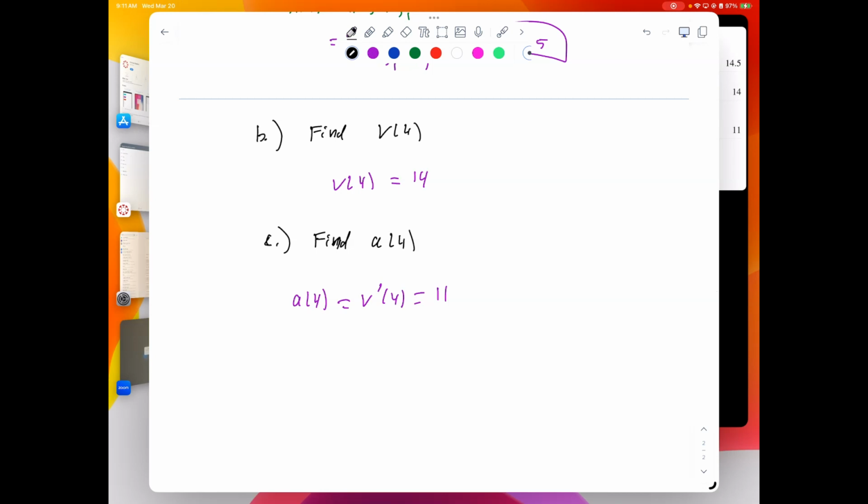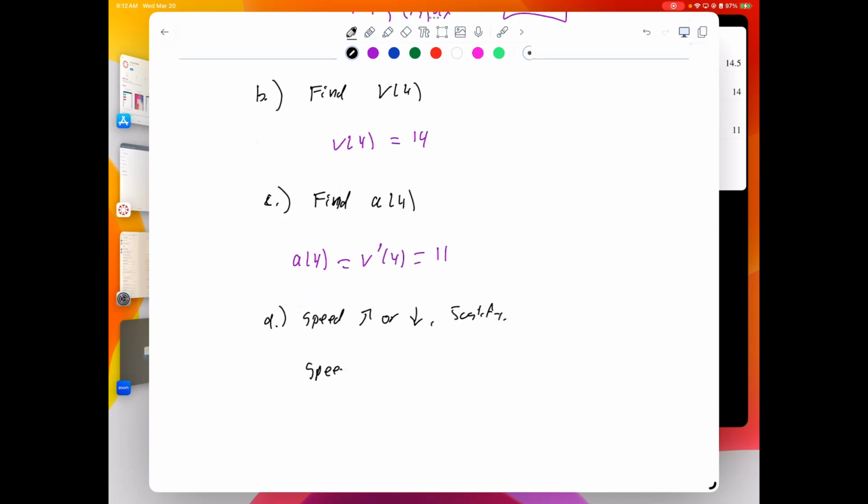Is the particle speeding up or slowing down? Justify. Speed increasing. I keep doing that. I hate that.